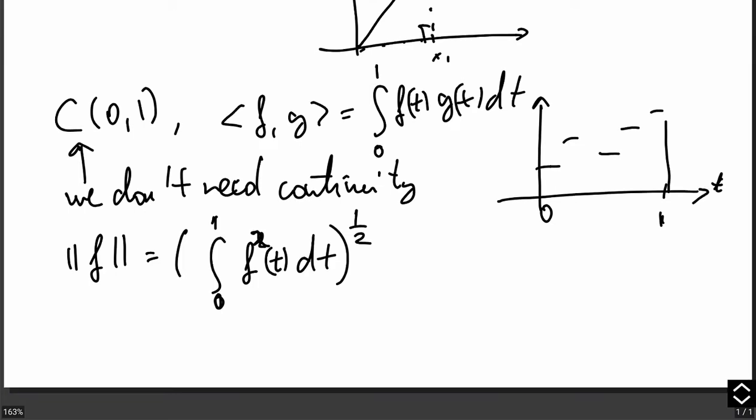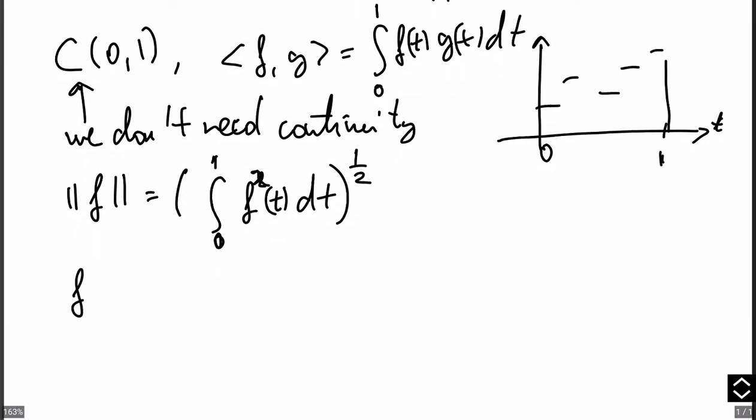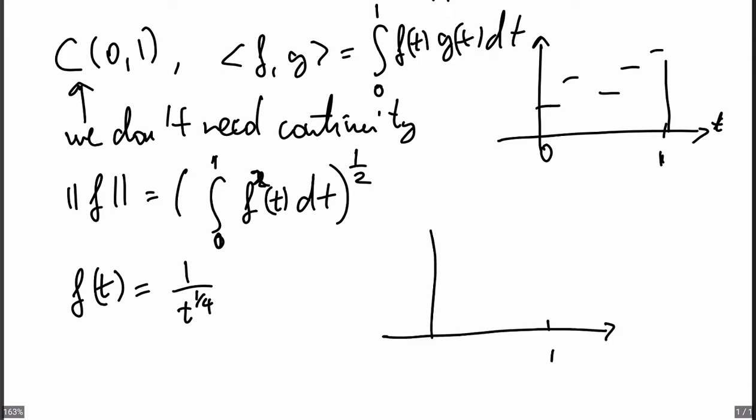For example, consider the function f of t equals 1 over t to the 1/4. The graph of this function has a vertical asymptote at 0. At 1, the value is 1. So this function blows up as t approaches 0.